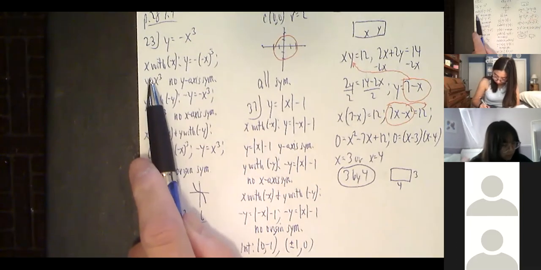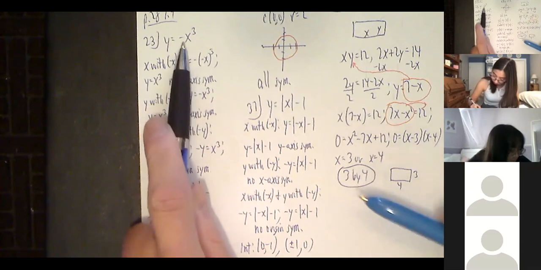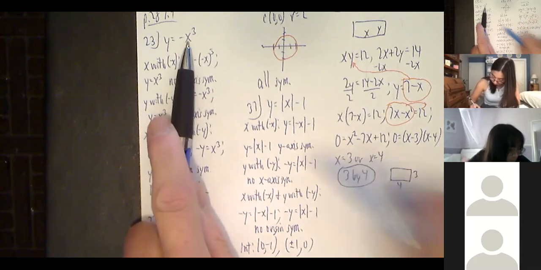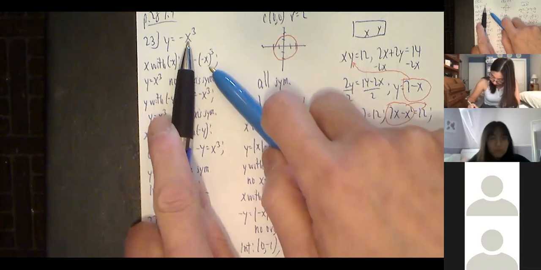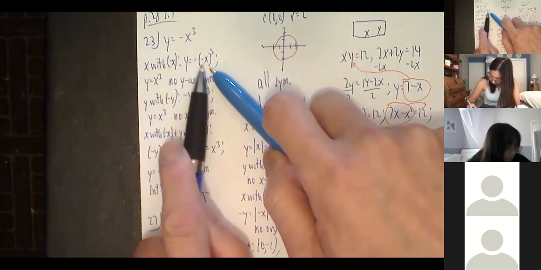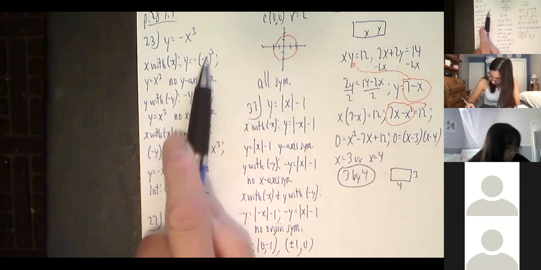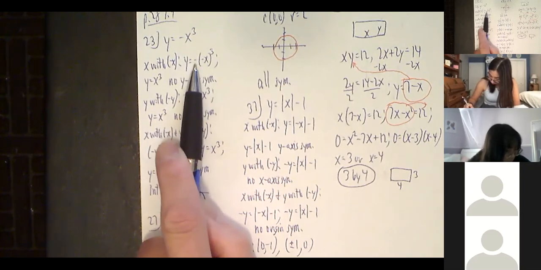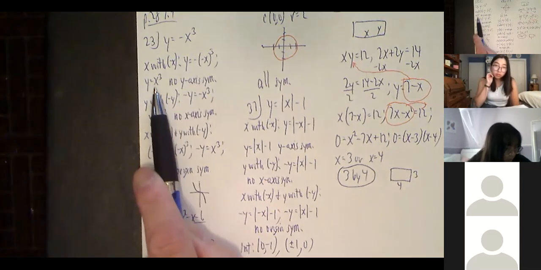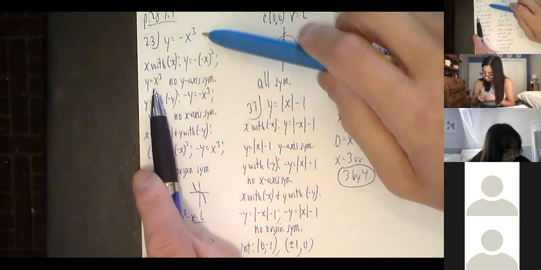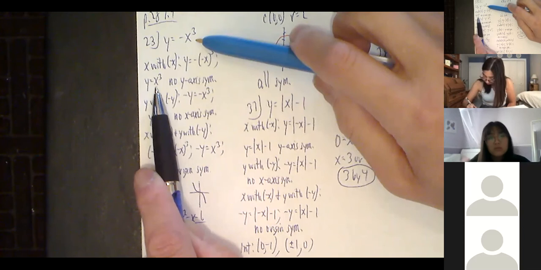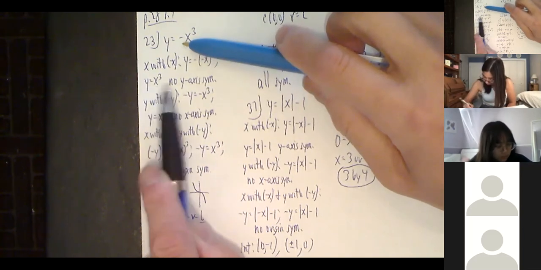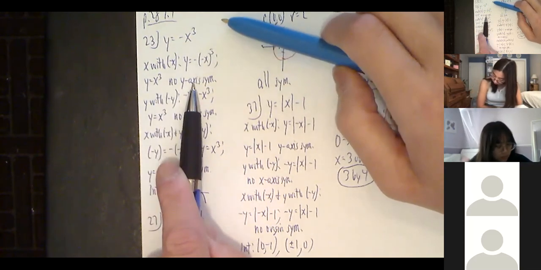Okay, replace x with negative x. So right here, change this to parentheses negative x. So negative x cubed: negative x times negative x times negative x is negative x cubed, but there's a negative in front of the whole thing. So the right-hand side now becomes positive x cubed. So the new equation is y equals x cubed. Is that the same as the original? No, it isn't, because there's a minus here. So no y-axis symmetry.